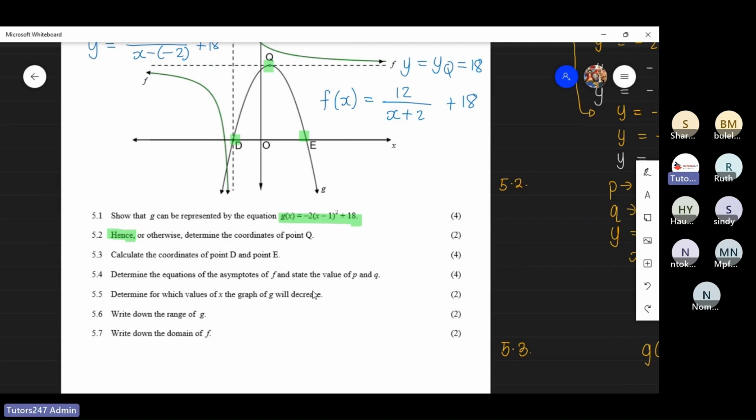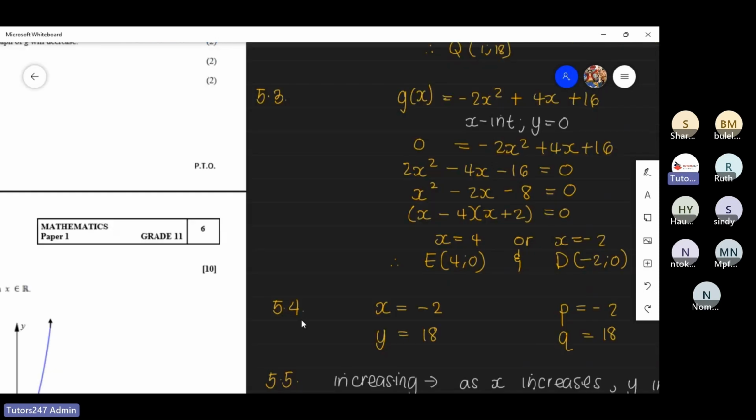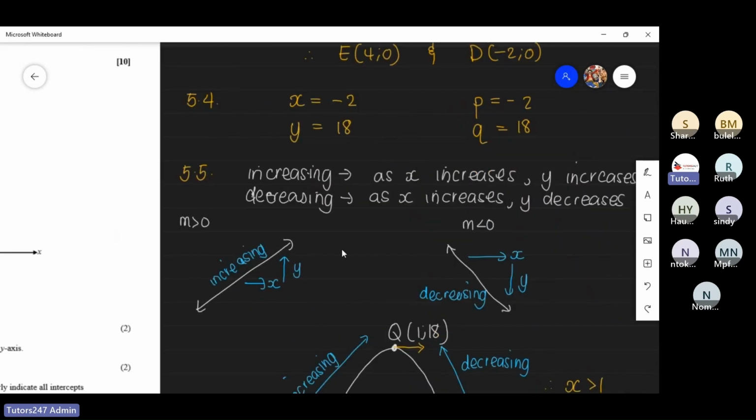The x value of your turning point represents the axis of symmetry, and the y value of the turning point will assist you in obtaining the range. So for question 5.6, we now need to determine the range of G, which is the range of our parabolic function.